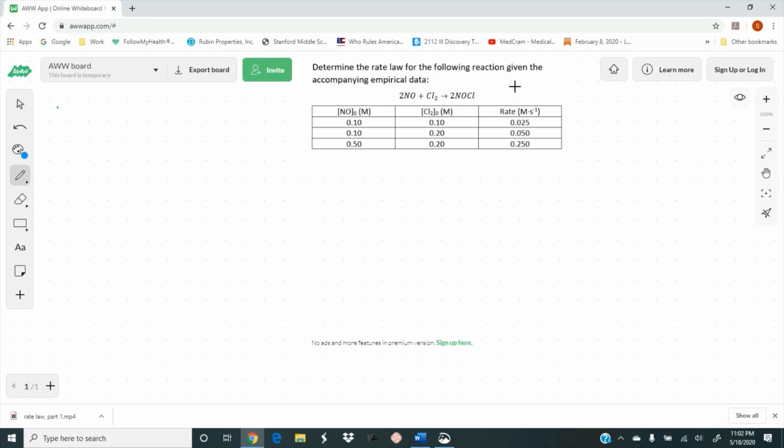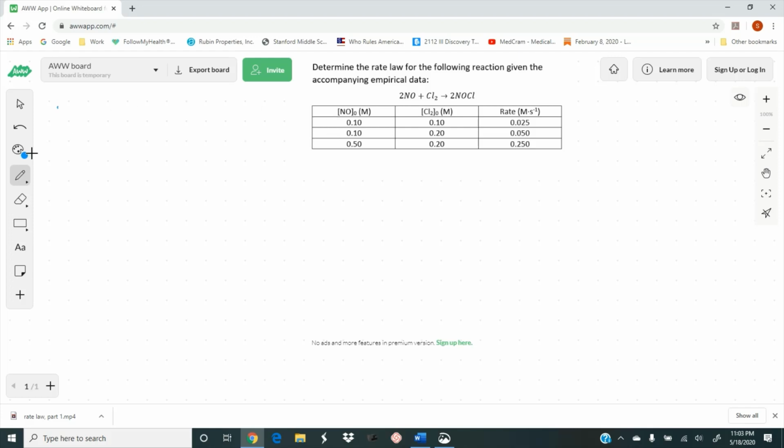A rate law is determined what we call empirically. In other words, it's determined through experimentation. You have to do an experiment to figure out the order with respect to each reactant. As we mentioned earlier, the order is the exponent for the concentration of each reactant.